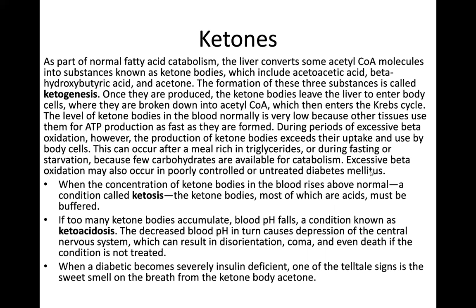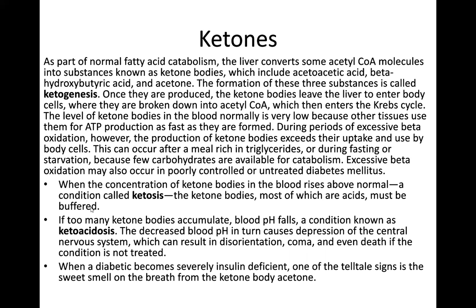You also might experience excess beta oxidation if you're a poorly controlled or untreated diabetic, in the cases of people with diabetes mellitus. Now, when the concentration of ketone bodies in our blood rises above normal, a condition called ketosis can occur. And those ketone bodies, most of which are acids, must be buffered.